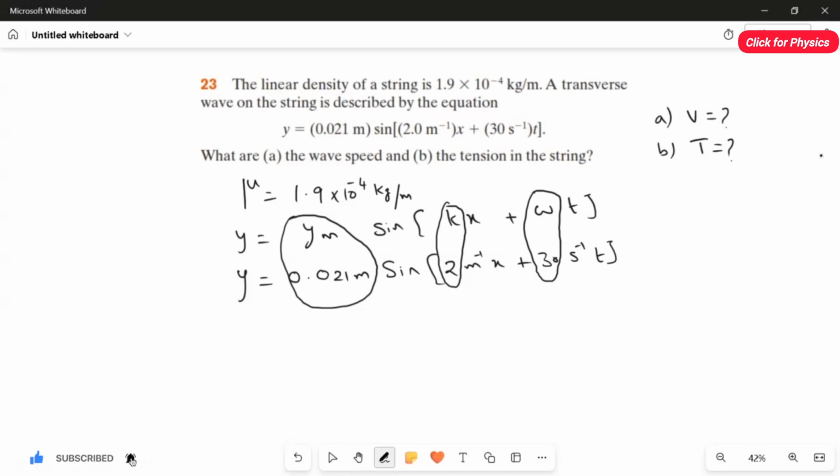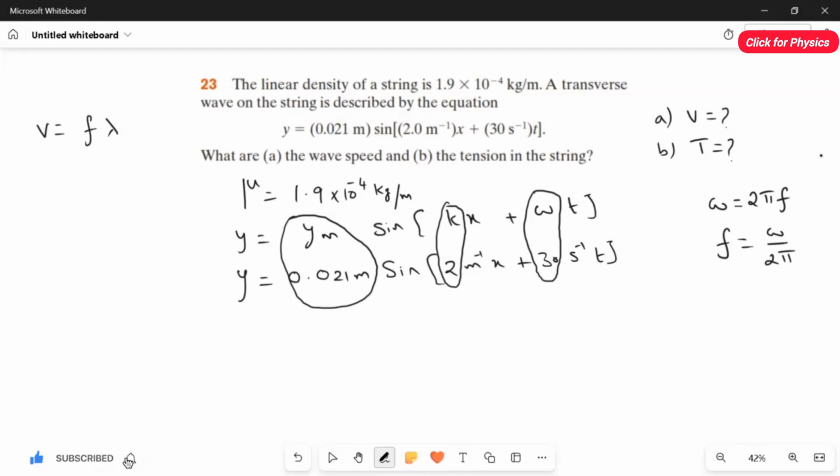Now by using omega and k, we can easily find the speed of the wave. The speed of the wave is v = frequency multiplied by lambda, but we want the shortest way. For the frequency, the angular frequency omega = 2 pi f, therefore f = omega over 2 pi.